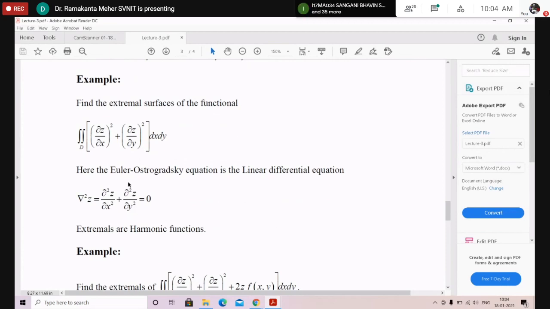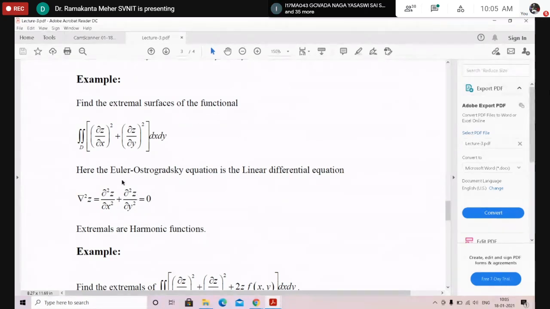You can see this Euler equation is equivalent to a harmonic type of equation, a Laplace type of equation. If we find the solution of this harmonic equation, you get solutions which look like harmonic functions. So here you can say the extremals are harmonic functions.